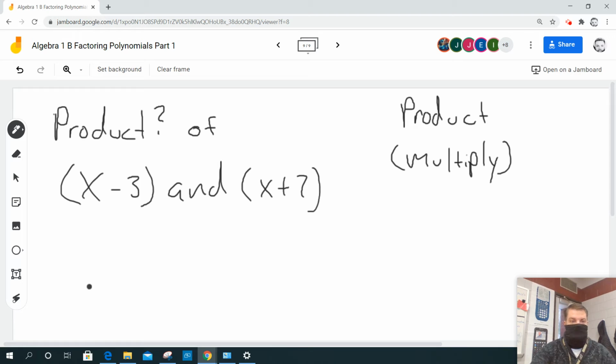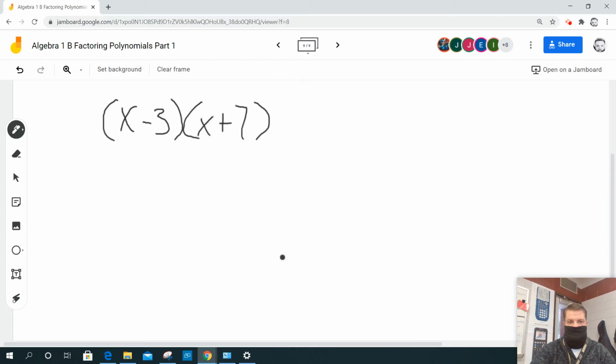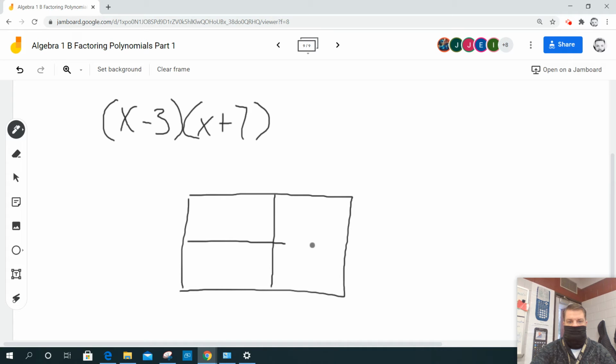Okay, so let's multiply these out. So I've got x minus 3 times x plus 7. Gonna fill out the grid. X times x is just x squared.